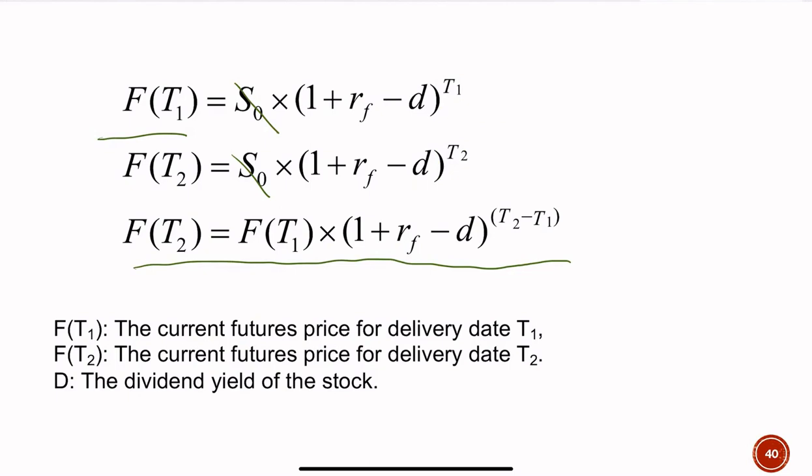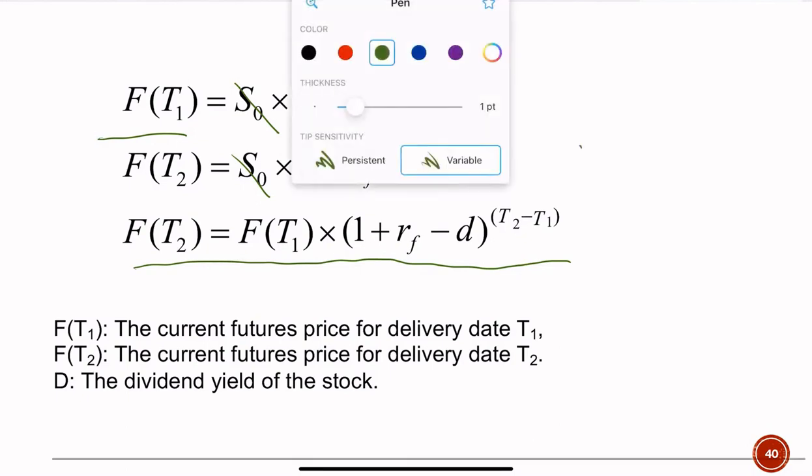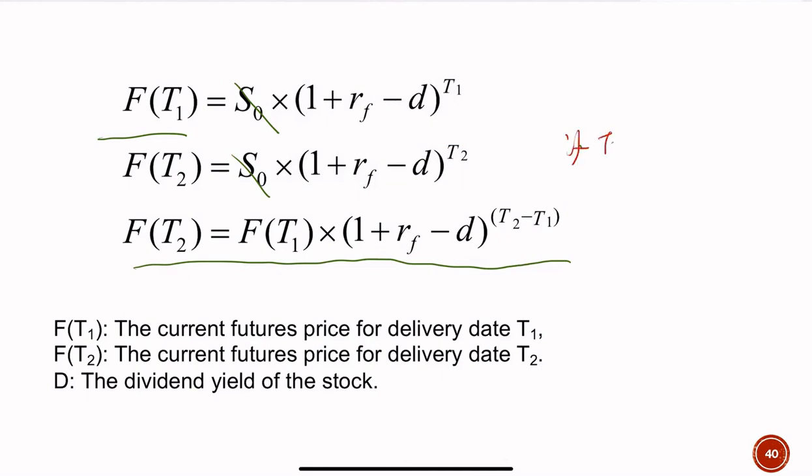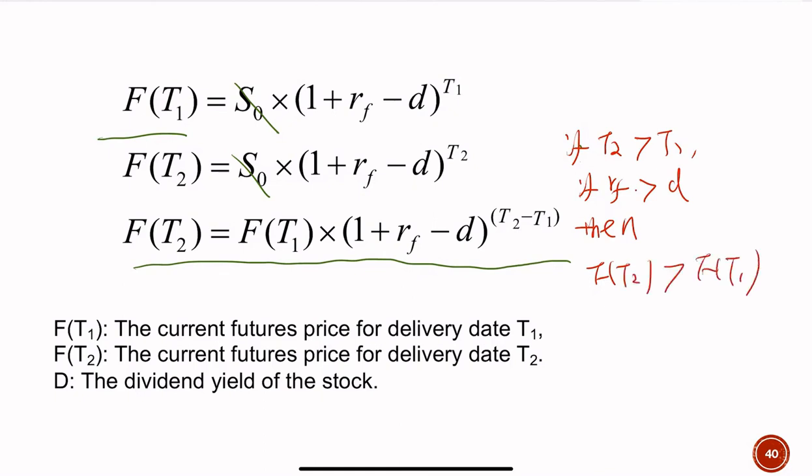If you look at this, it basically says that if T2 is larger than T1, and if RF is larger than D, then FT2 is larger than FT1, right?